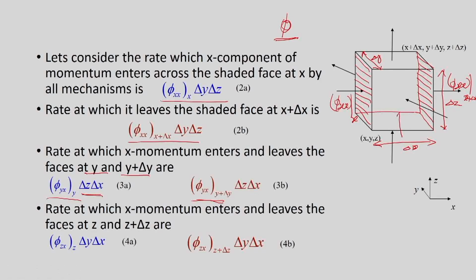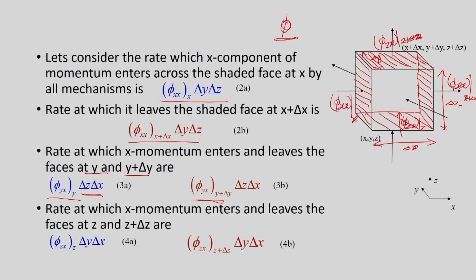Similarly, x momentum entering the control volume at location z is pi zx at location z multiplied by delta x delta y, and the x momentum leaving in the z direction at location z plus delta z is pi zx at z plus delta z, multiplied by delta x delta y.